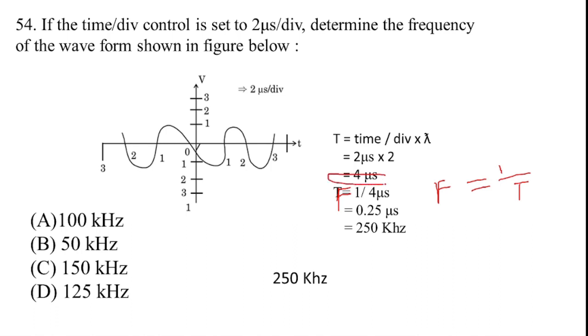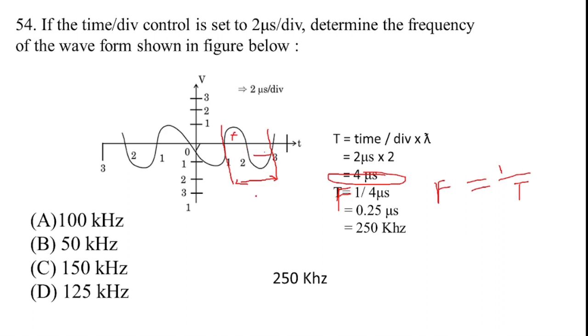Firstly calculate t. This is the complete cycle, this is the positive portion and this is the negative portion of the cycle. The scale is provided as 0 to 1, 1 to 2, 2 to 3. Firstly calculate the total wavelength. Here there is a positive half cycle and a negative half cycle.